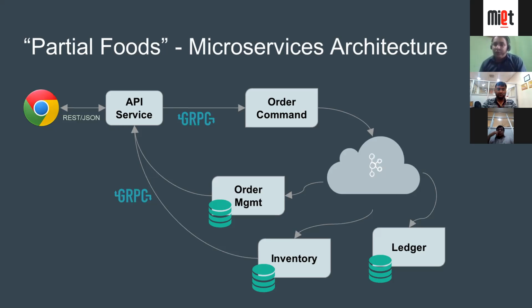The whole system will still provide the response to the calling user. Like if I'm using the Zomato app and I order something, my order will be accepted, my money will be debited, and I will be given a turnaround time, like after 30 minutes my food will be ready. In the meanwhile I can wait.